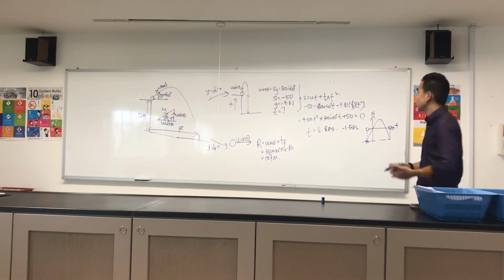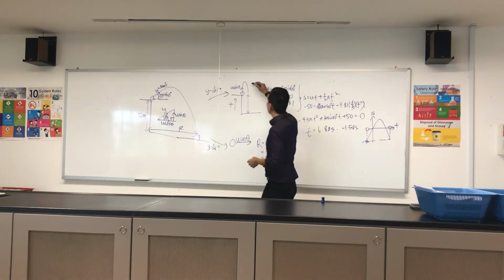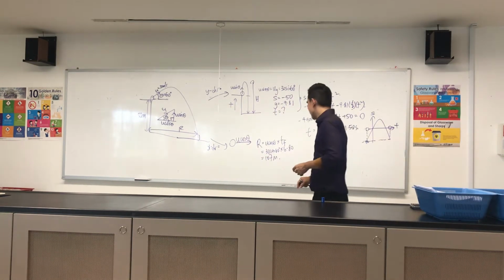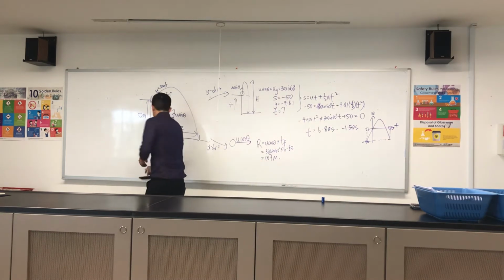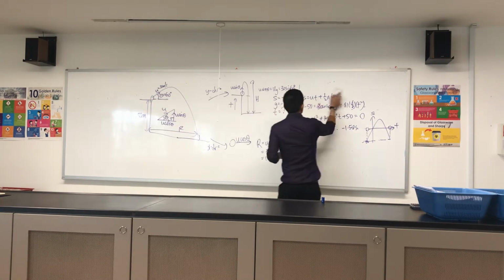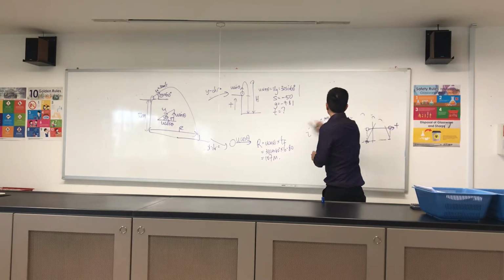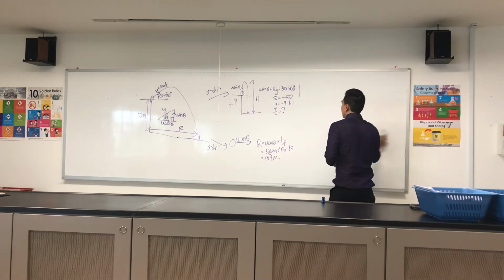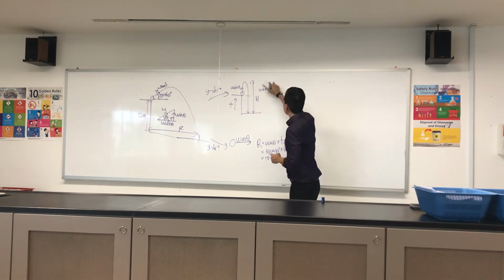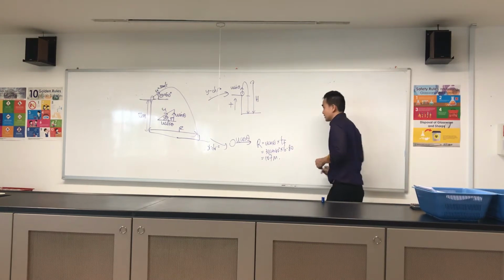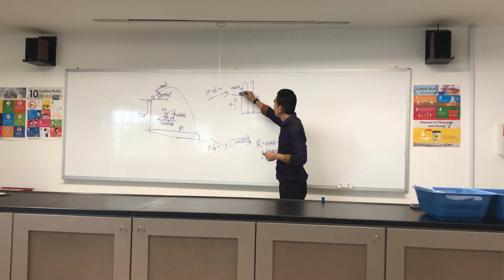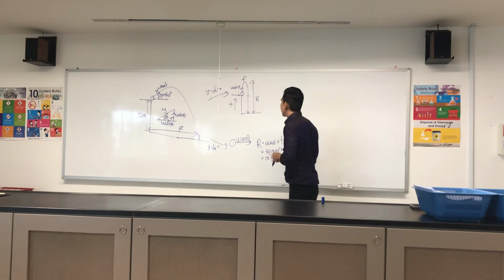Now you can also go on to find the maximum height. So if you want to find the height, let's take a look how we can do it, shall we? So how do we find that height h over there? Now the height h can be found by taking this as the initial, this is the final.